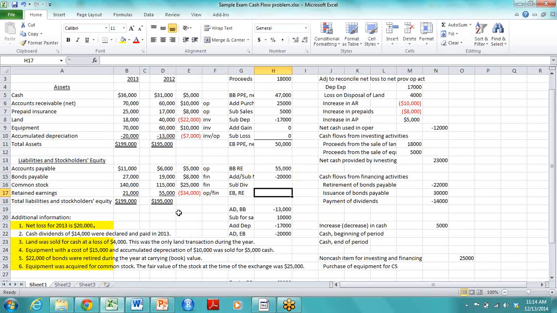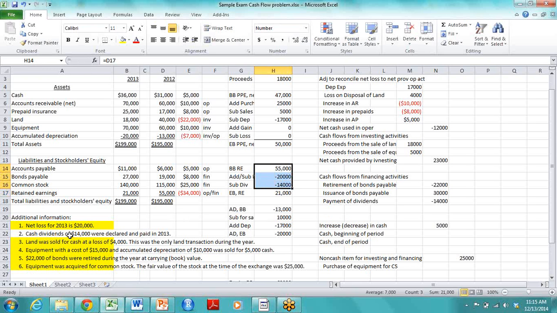And we know what our ending balance of retained earnings is. It's 21,000. So our dividends, in order for us to get from 55 to 21,000, must be 14,000. So you can just solve for x. And this should roll forward to 21,000.